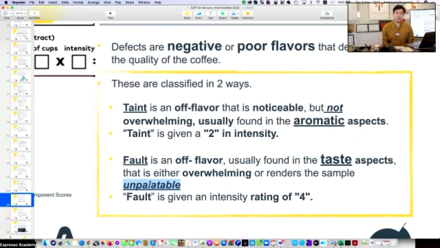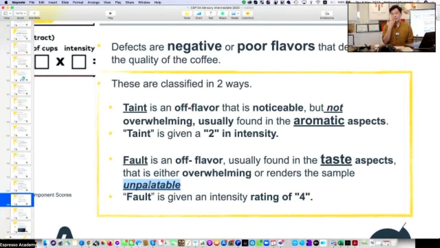Sometimes taint is there when hot and disappears when cold. Maybe it's gone, then maybe we don't even mark clean anymore, we just leave it. But if the aroma is still there, it's just a taint, it's okay. So a fault is something you do not want to taste on your tongue.